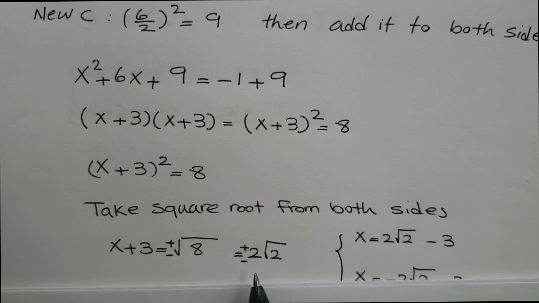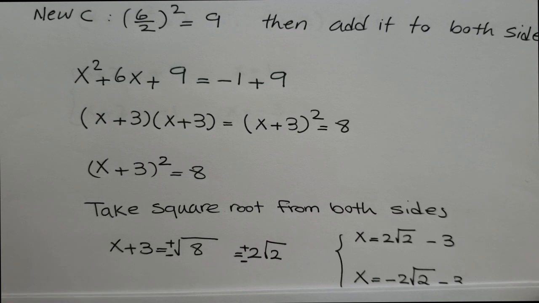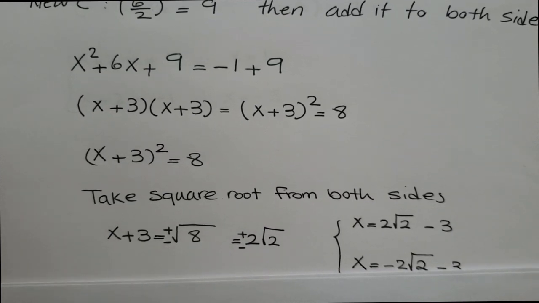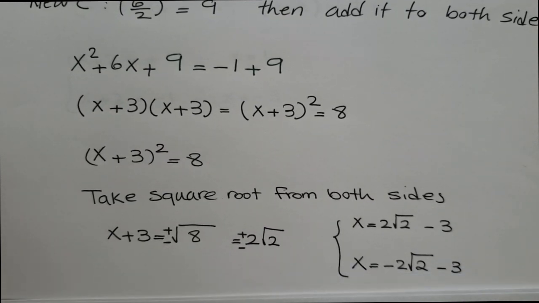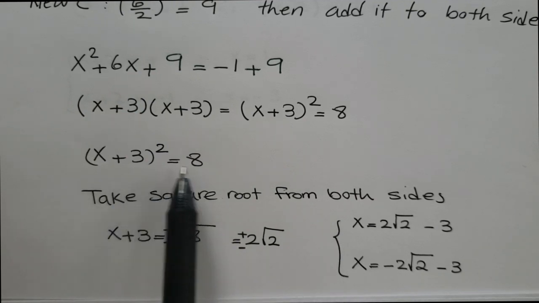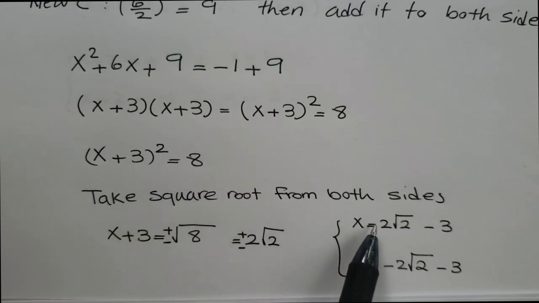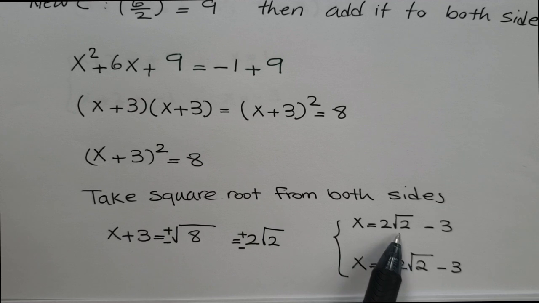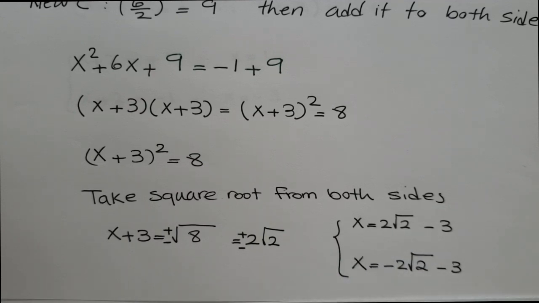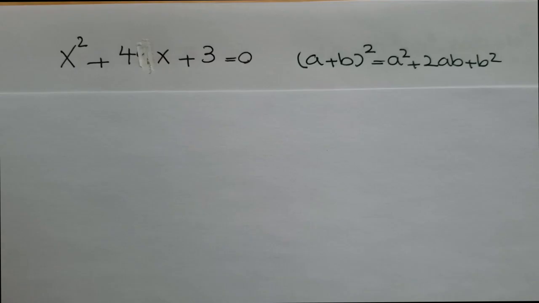Radical 8 is also equal to 2 radical 2, and I prefer to use 2 radical 2 instead of radical 8. Then the answers would be: x plus 3 equals plus radical 8, which gives the answer 2 radical 2 minus 3, and the other answer would be -2 radical 2 minus 3.